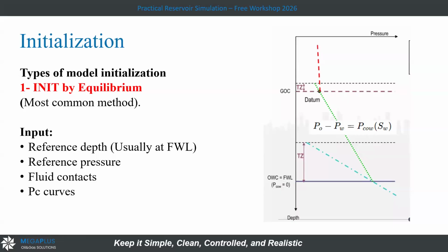The difference between the contact and the free water level we will see in capillary pressure. So in the simulation, this intersection that we insert in the model is called the free water level. Why? Because at the free water level, the water is 100% and not movable, so the capillary pressure at the free water level will be zero. And then it will distribute according to the capillary pressure distribution that I will insert. Okay?